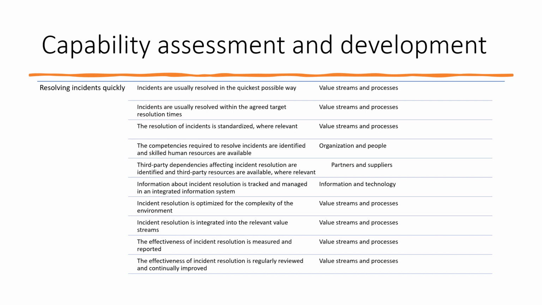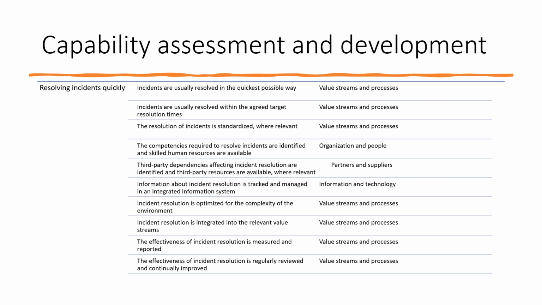The next capability assessment criteria we have for the dimension organization and people is, remember, I am still talking about a practice success factor, resolve incidents quickly. That's just one criterion. The competencies required to resolve incidents are identified and skilled human resources are available.